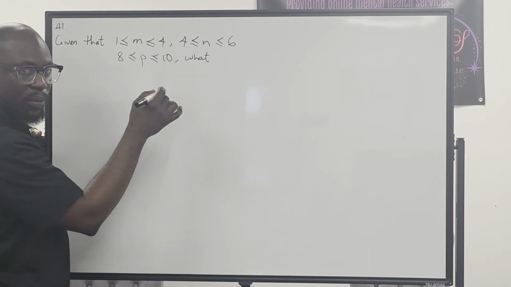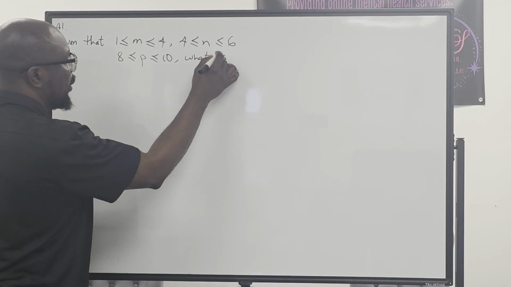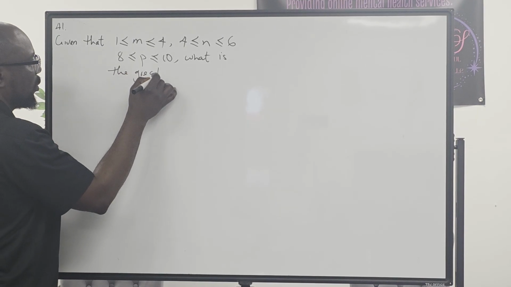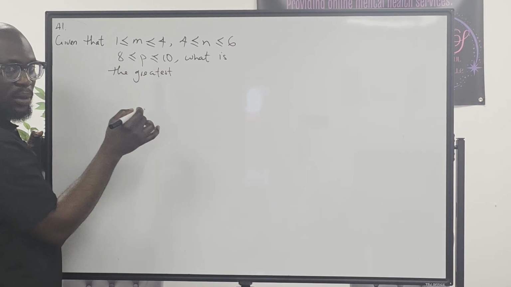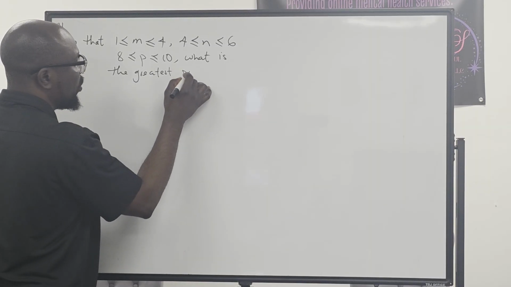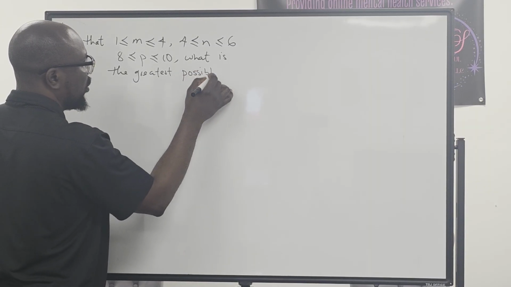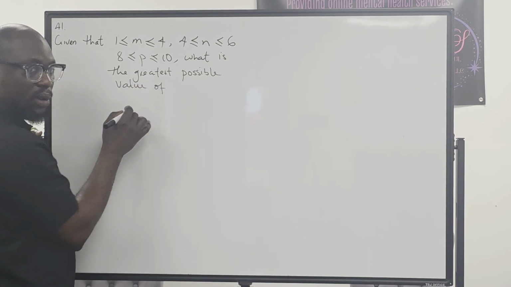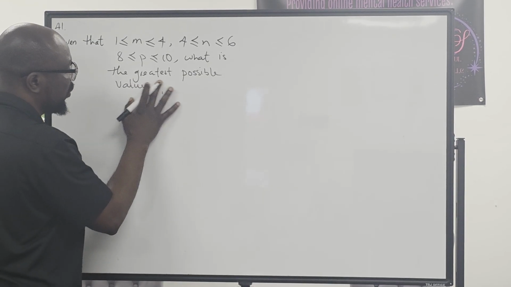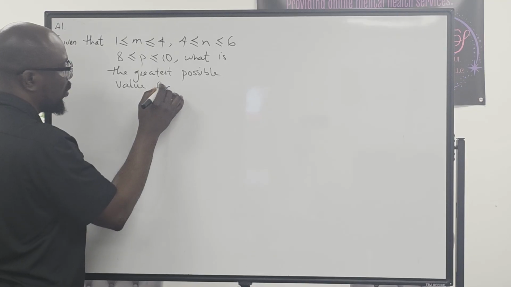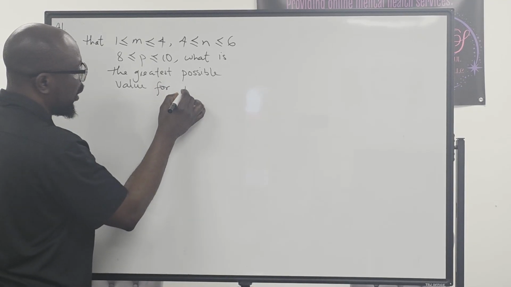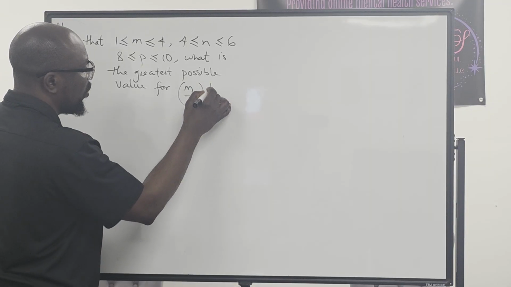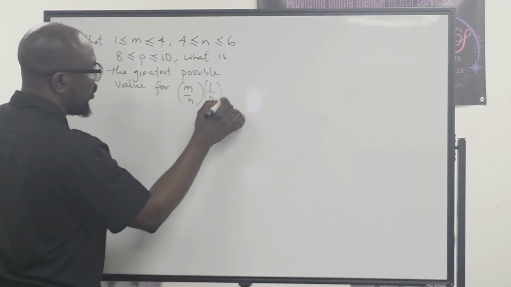what is the greatest possible value of m over n times 1 over p?